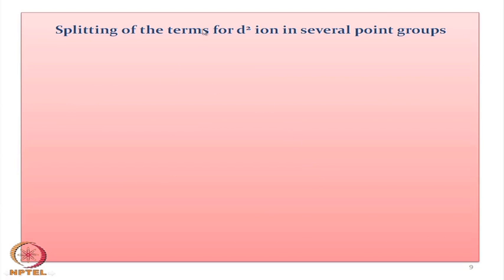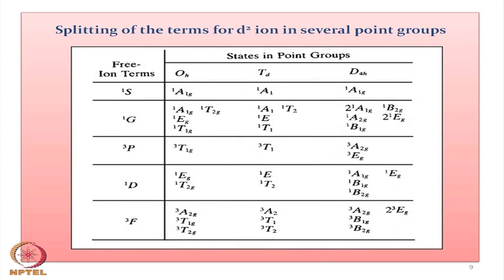Now, let us see the splitting of the terms for the d2 ion in several point groups. What are the terms we can have for a d2 ion and the splitting of its terms in the different point groups? The free ion terms we can find for the d2 ion are 3F, 1D, 3P, 1G and 1S.